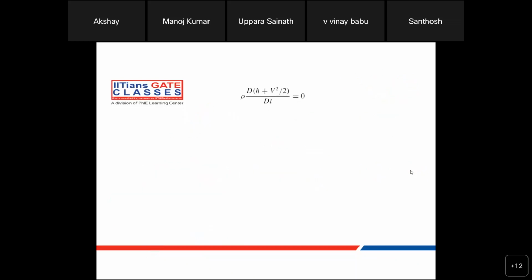So then it's straightforward. If the right hand side becomes 0 when we assume it to be steady, then we can write it as equal to constant, and we define that constant to be the stagnation enthalpy.